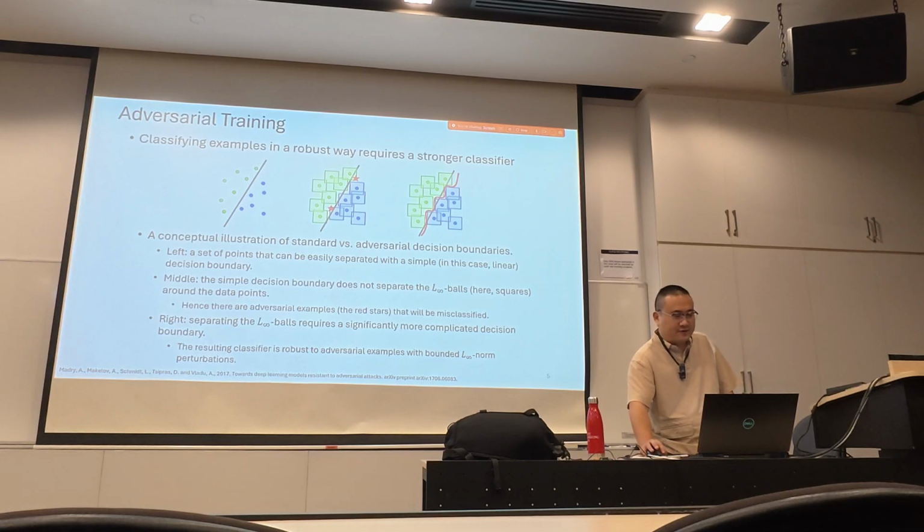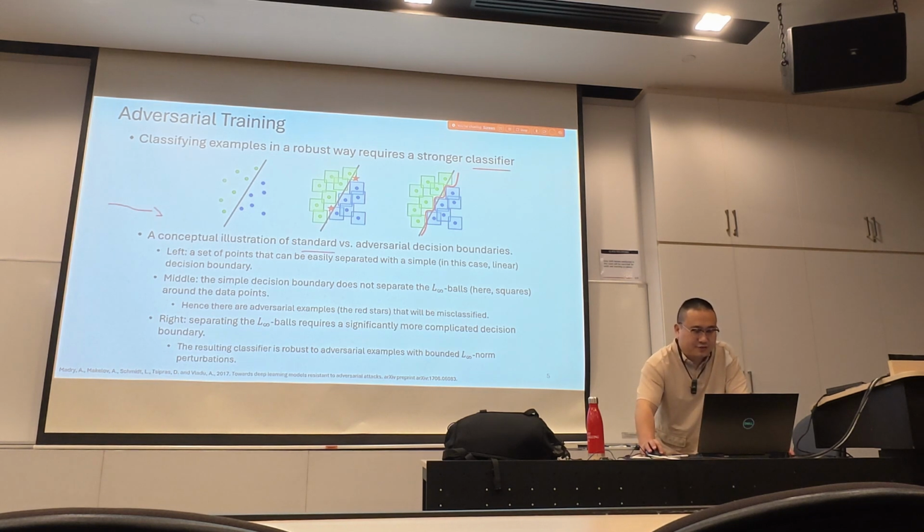And theoretically, correctly classifying samples robustly requires a stronger classifier. Here we have an illustration of different classifiers. We compare the standard decision boundaries to adversarially robust decision boundaries. For the first figure on the left, we have a set of points.